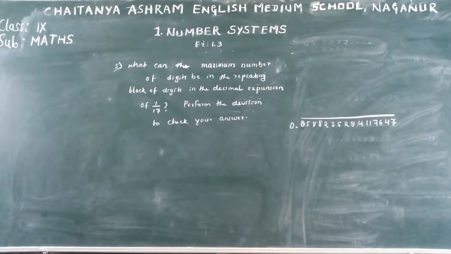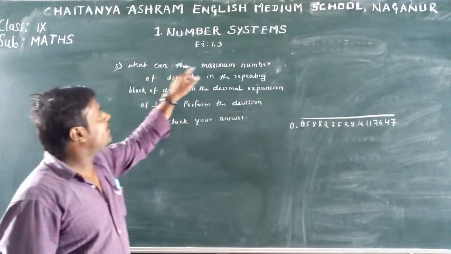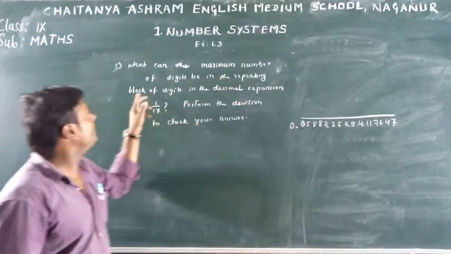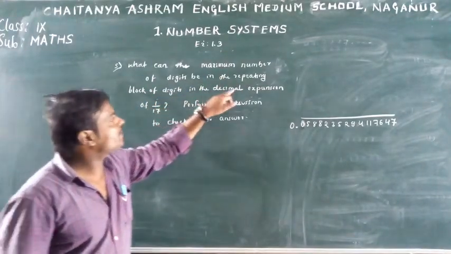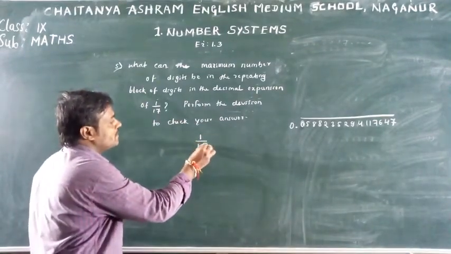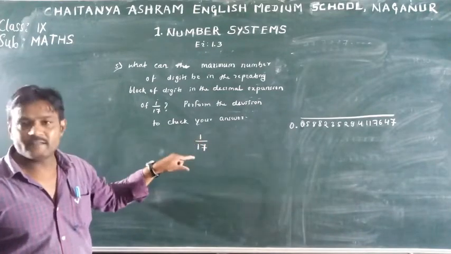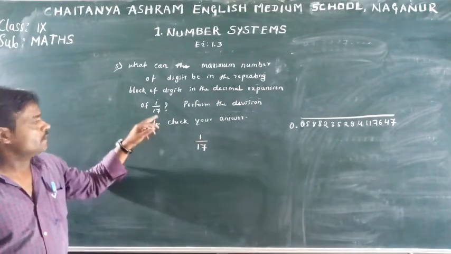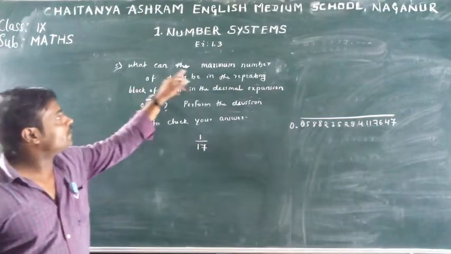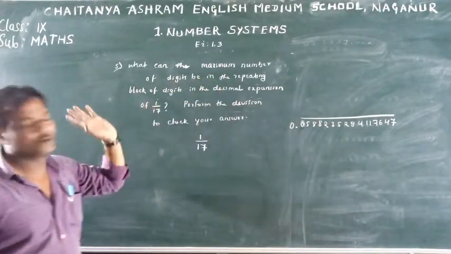So, dear children, see the next question. What can the maximum number of digits be in the repeating block of digits in the decimal expansion of 1 by 7? 1 by 7 is a rational number. It has a decimal expansion. In its decimal expansion, what can the maximum number of digits be in the repeating block?